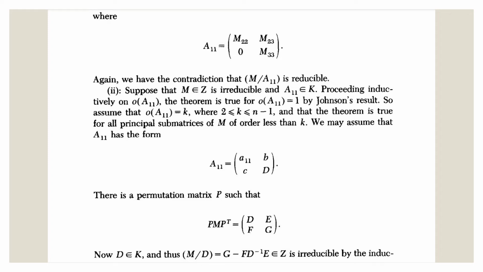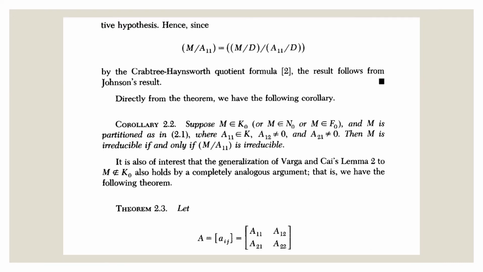We may assume that A11 has the form A11 = [D, E; F, G]. The permutation matrix P is such that PMP^T has blocks rho 1: D and rho 2: F and G. Now D is in K, and thus M/D, which is equal to G minus FD^(-1)E, is in Z and is irreducible by the induction hypothesis.